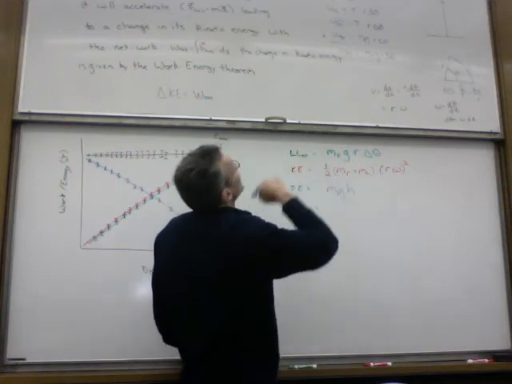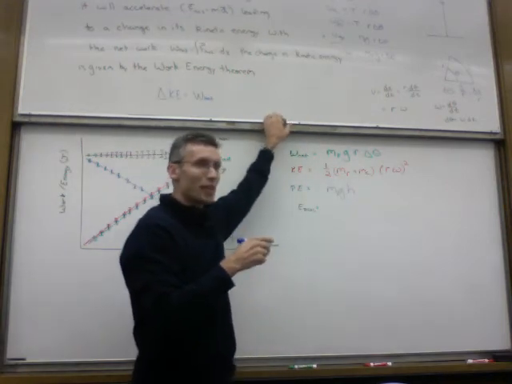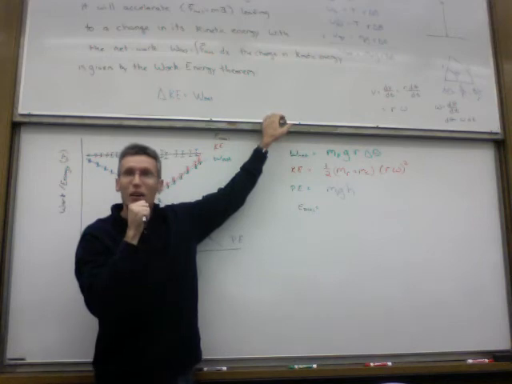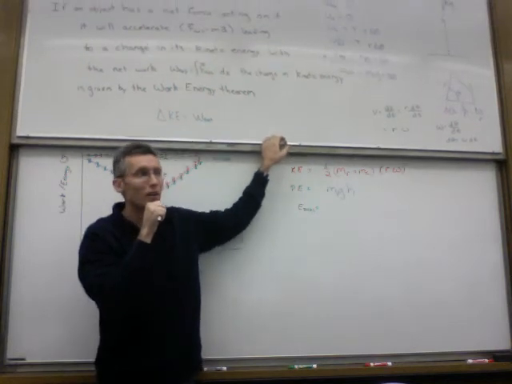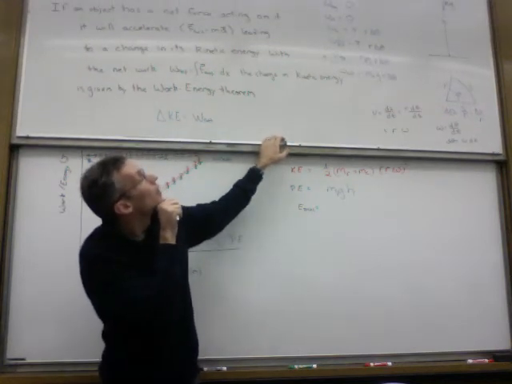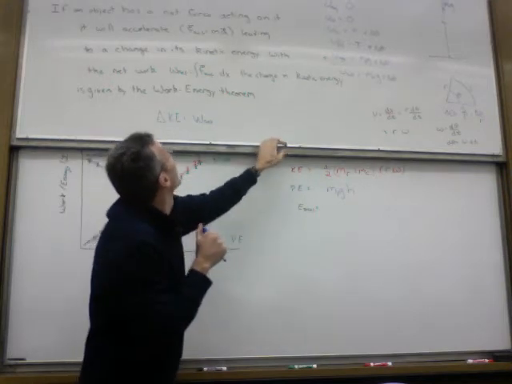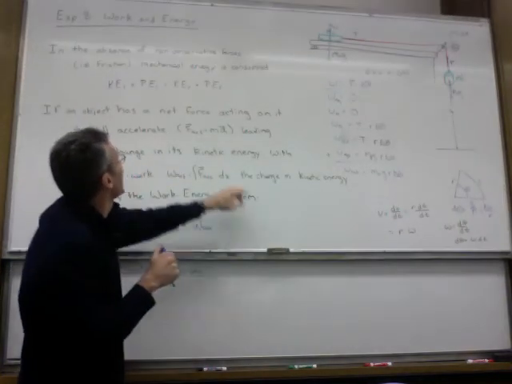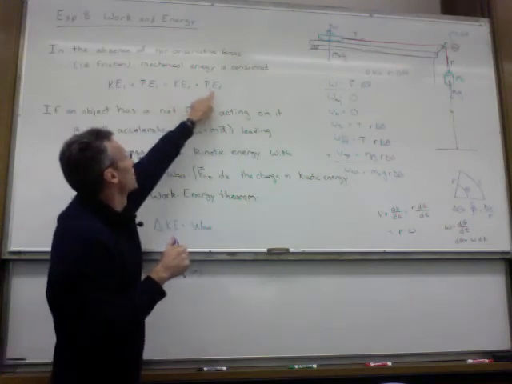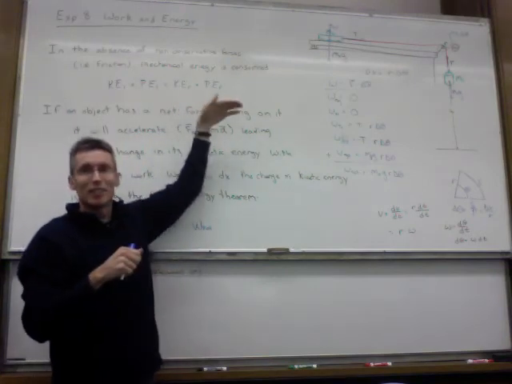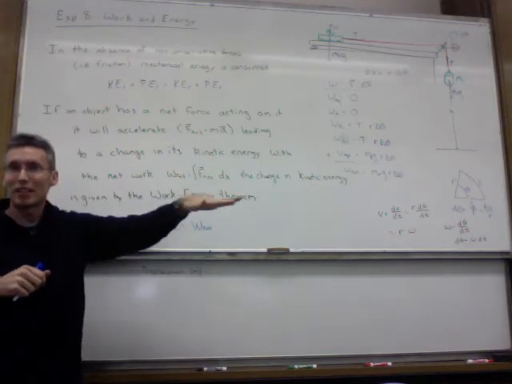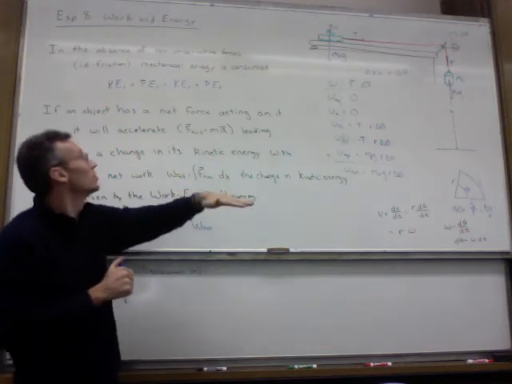Does that mean that the cart doesn't have any potential energy? Or do we just not care about it because it's not going to change? The cart's moving horizontally, so its potential energy isn't going to change.